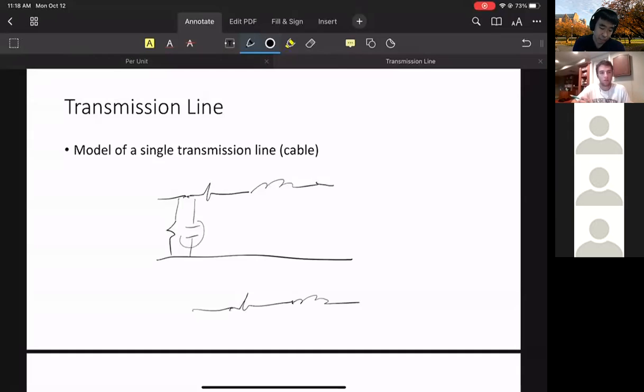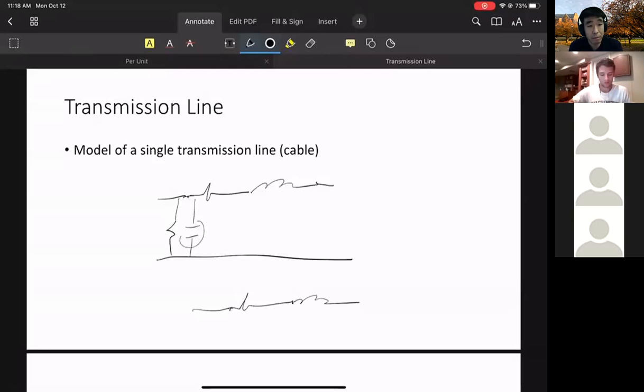Okay, good. That's a good question. If you look at transformer 1, we have this 0.1 per unit coming out. So this is a per unit system, and what does this per unit involve? This involves the turns ratio for transformer 1. The turns ratio comes from the voltage at both sides.